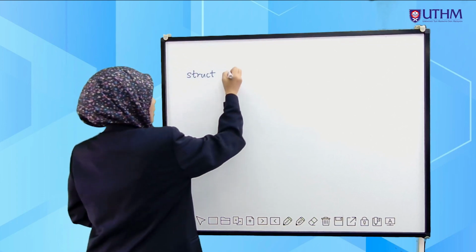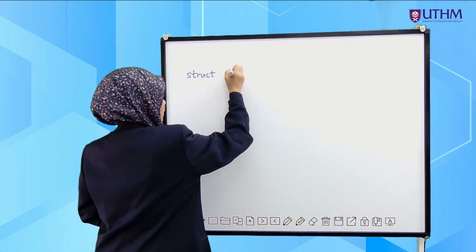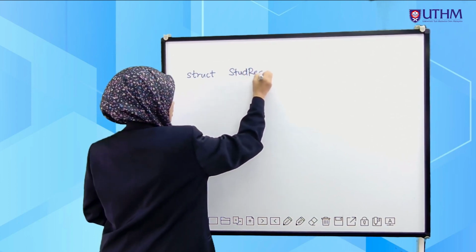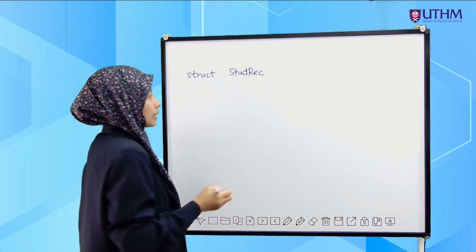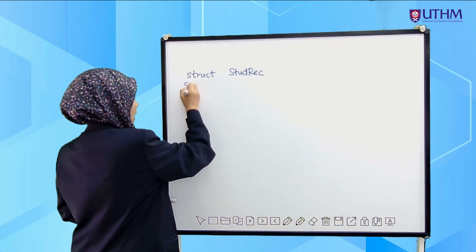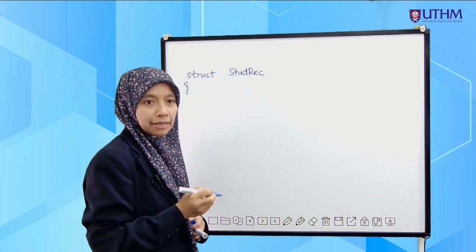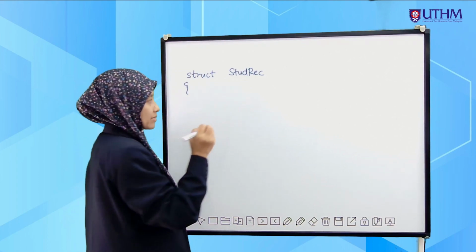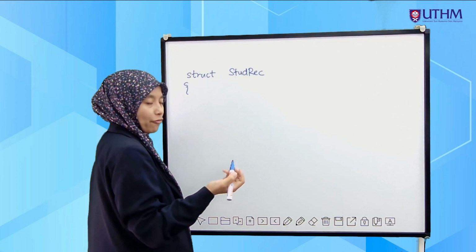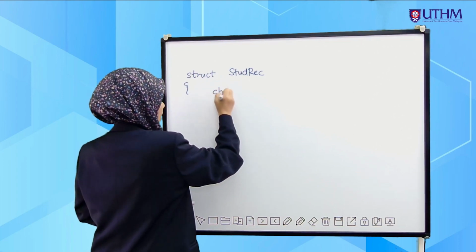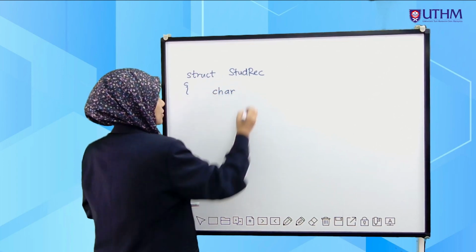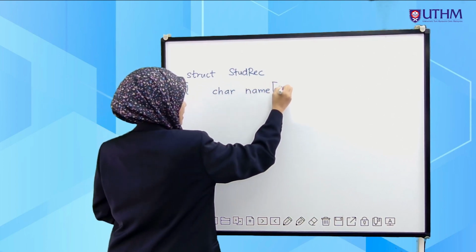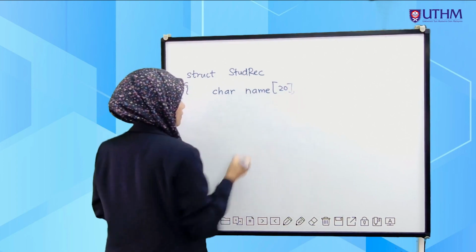Let's say the struct name is struct student record. Now I have two members in my struct: name and marks. For the data type, name should be an array of characters, so char name with the size of the array being 20.